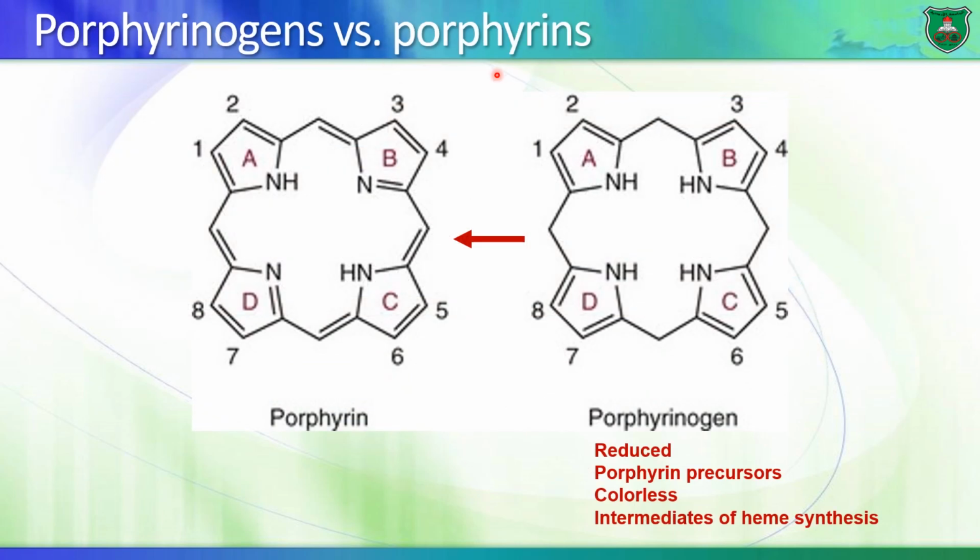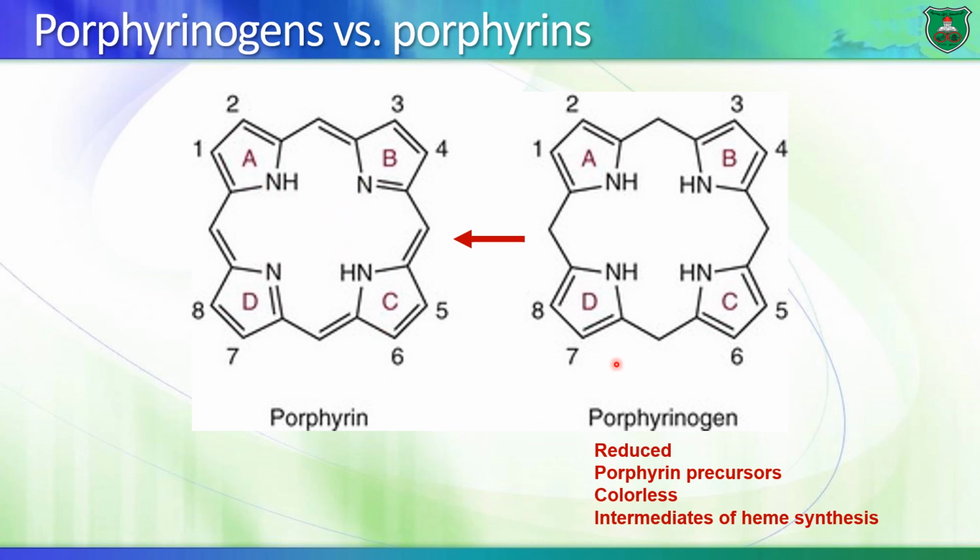These porphyrins are made from precursors, and the precursors are known as porphyrinogens. The difference between the 2 types of molecules is that porphyrinogens are reduced. That is, all of the nitrogens in the rings are reduced. On the other hand, if you look at porphyrins, you have 2 of them being oxidized and 2 that are reduced.